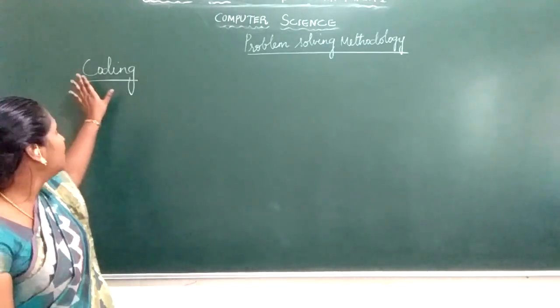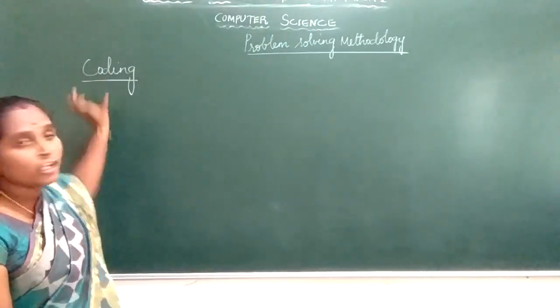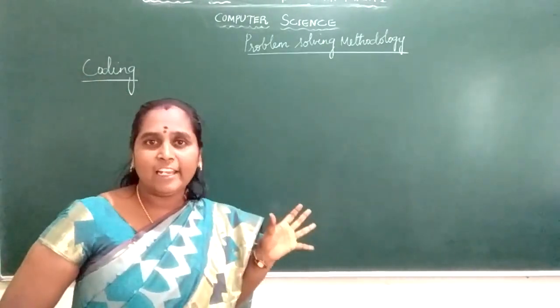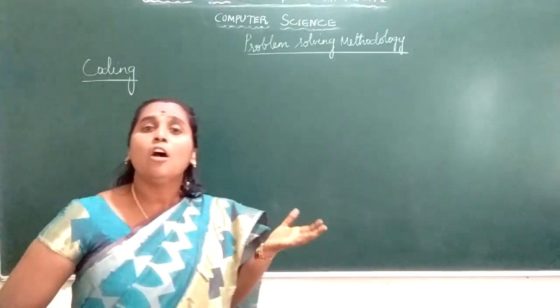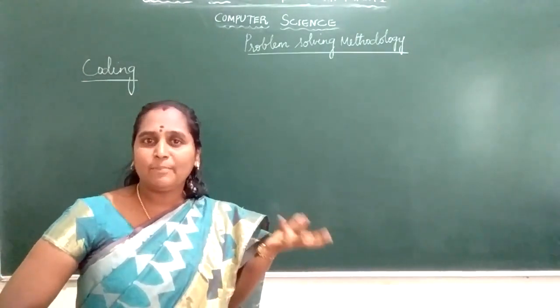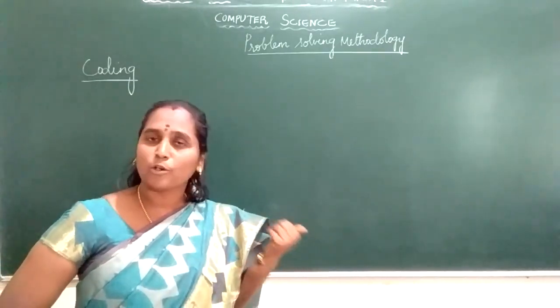So in this coding, you are going to use any one of the high level languages. It can be C, C++, Java, Visual Basic, or any kind of high level programming language.